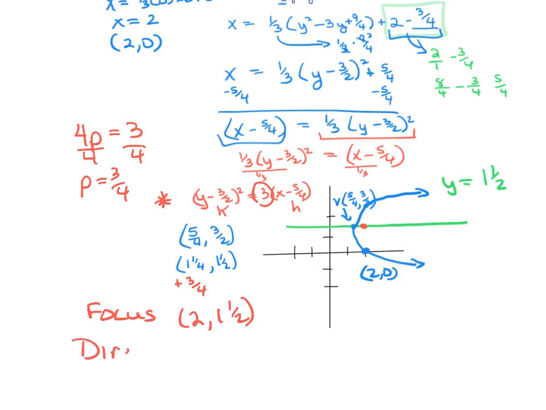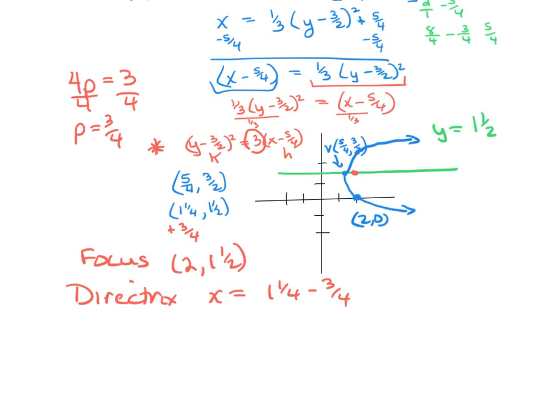For the directrix, again, you're going to look to see we're adding it to the x. So I'm going to take 1 1/4, and this time I'm going to do the opposite of p, so minus 3/4. So for my directrix, let's make 1 1/4 improper, just so it's easier.